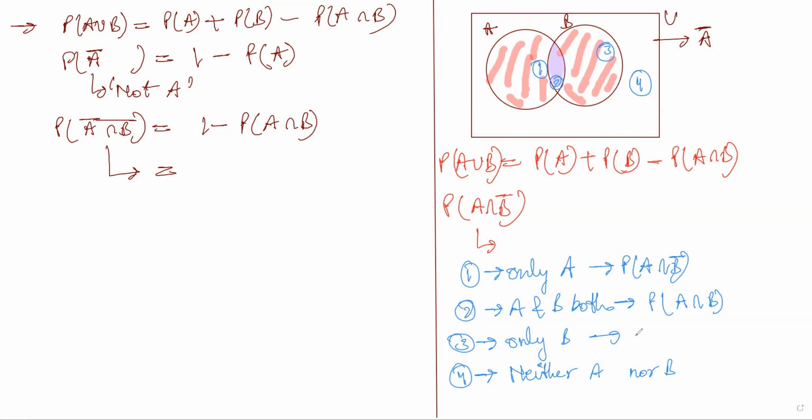Probability of not A, which can be written as A complement, intersection with B. So P(A complement intersection B) means that we do not want A but want B. Can you write neither A nor B?